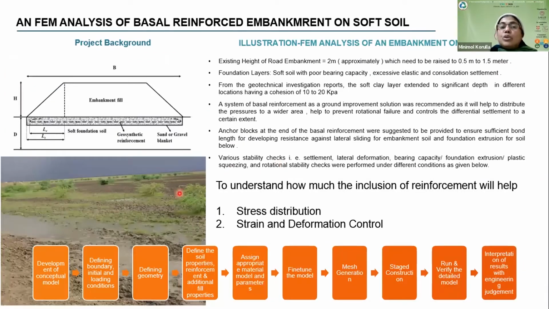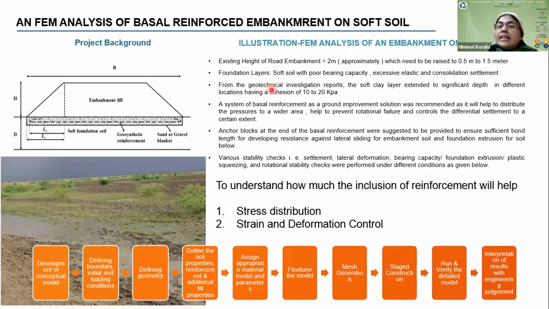So now I'm going to the second case. This is a case in South India, a coastal area. An embankment has to be constructed in very slushy soil. The existing road embankment is almost 2 meters in height, and the foundation soil layers have very poor bearing capacity.